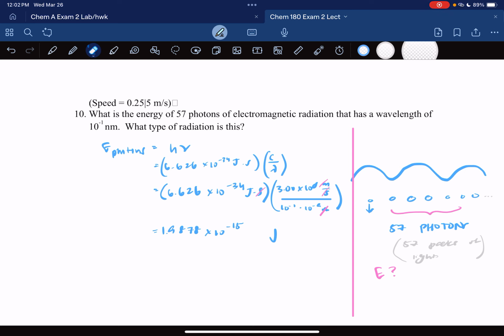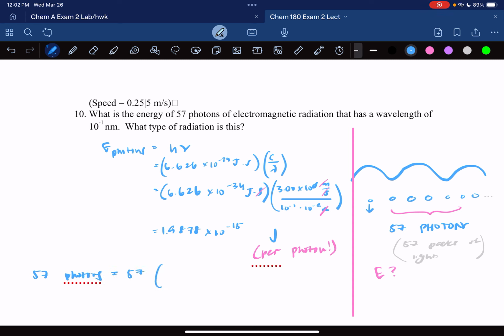Now, do I need 57 photons? 57 photons of this wavelength, and each photon has 1.9878 times 10 to the minus 15 joules per photon.